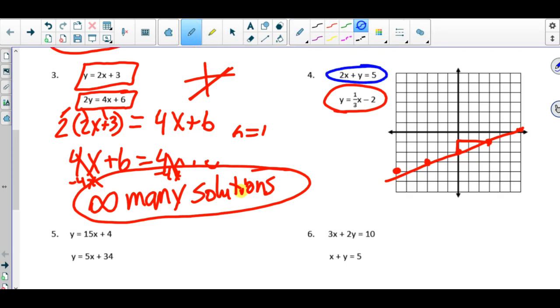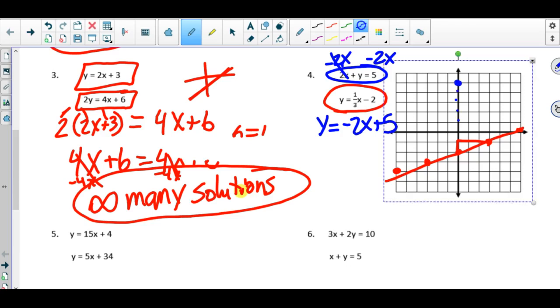The blue one, 2x plus y, I need that to be in y equals form. I have minus 2x to both sides. I get y equals -2x plus 5. 1, 2, 3, 4, 5 is my y-intercept. -2 over 1 is my slope. So down 2 over 1.